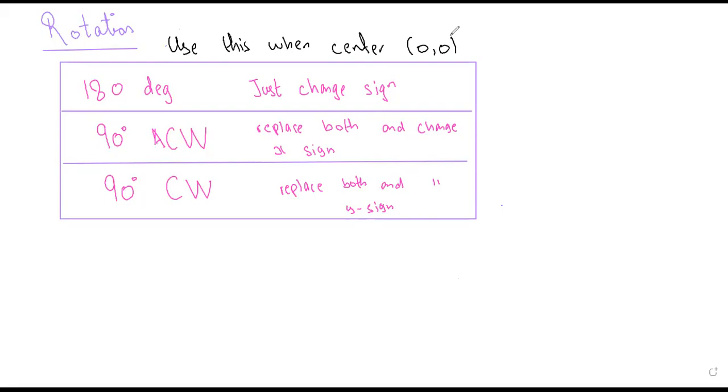Don't worry, I did not explain anything yet, so just relax. Once I explain this, you would understand that. Now, what exactly do we have here? This is a table that is giving you information about the rotation when it is about the origin, and the origin has coordinates 0, 0.